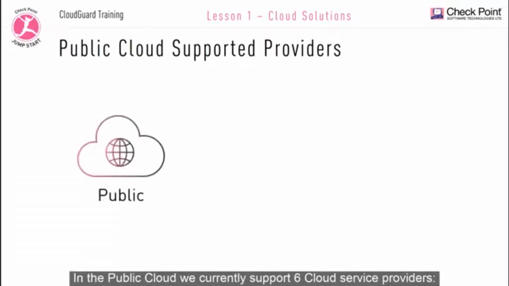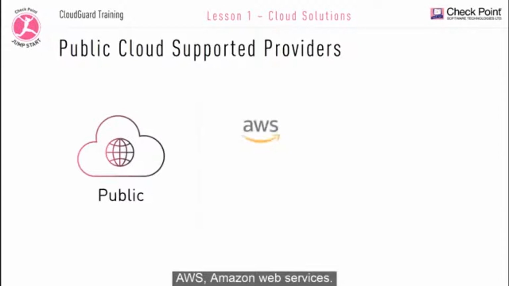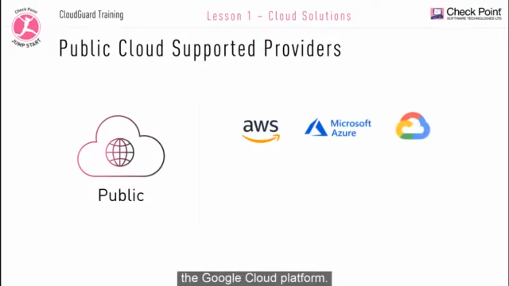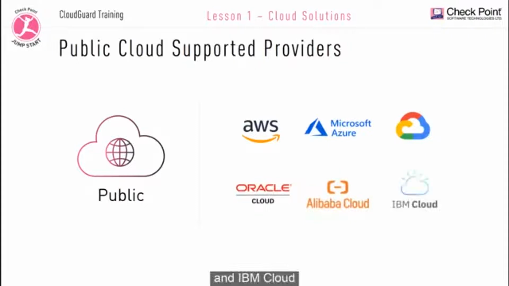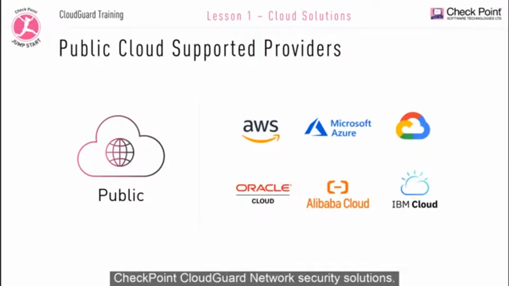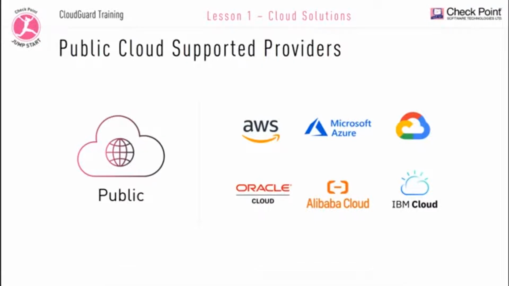In the public cloud, we currently support 6 cloud providers: AWS, the Amazon Web Services, Microsoft Azure Cloud, the Google Cloud Platform, Oracle Cloud, Alibaba Cloud, and IBM Cloud. All of these clouds are currently supported by Checkpoint's CloudGuard network security solutions.